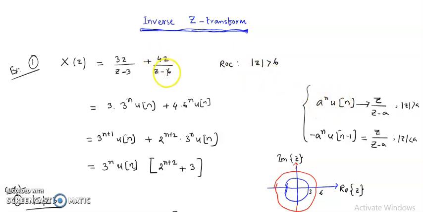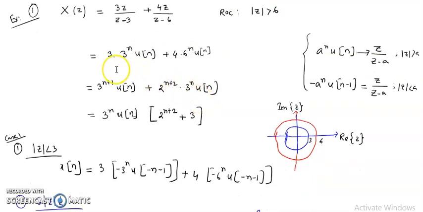So a to the power n u[n] means 3 to the power n u[n] and 6 to the power n u[n], you will get directly, and the constants 3 and 4 can be multiplied on the outside. Then there is some simple simplification here: 3 to the power n plus 1 you can write here, 2 to the power 2 into 3 you can write here, 2 into 2 for 4, so here 2 into 3.